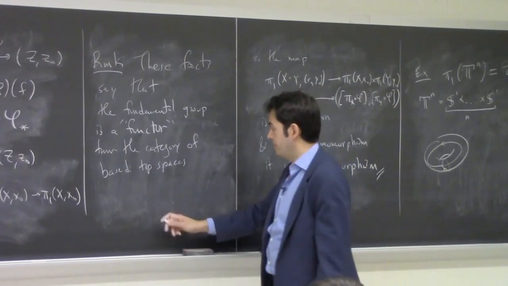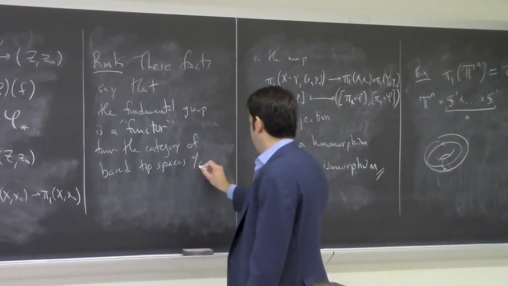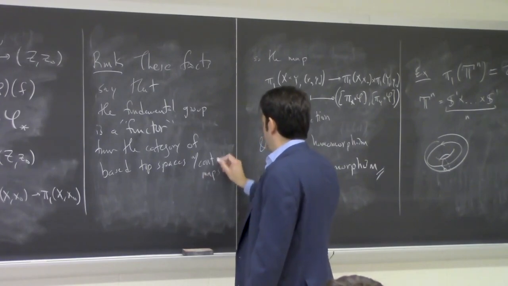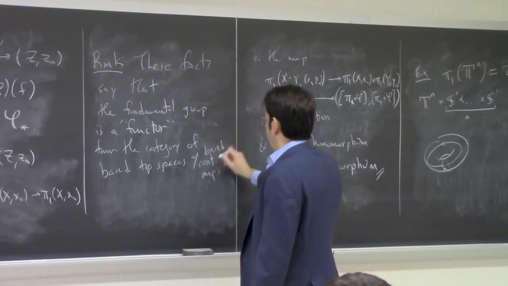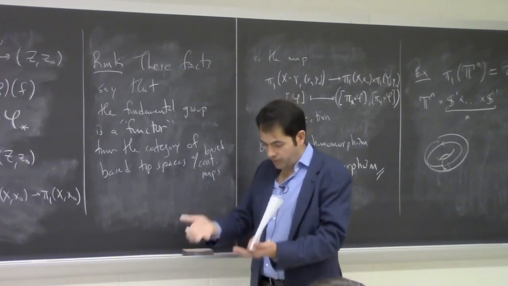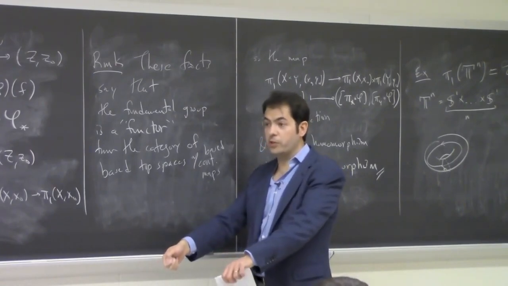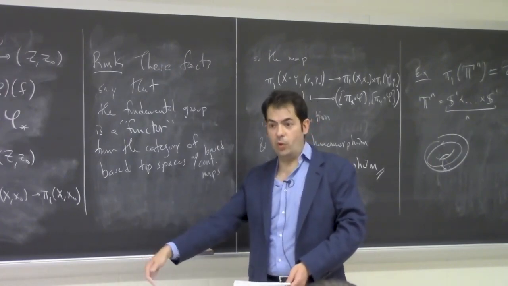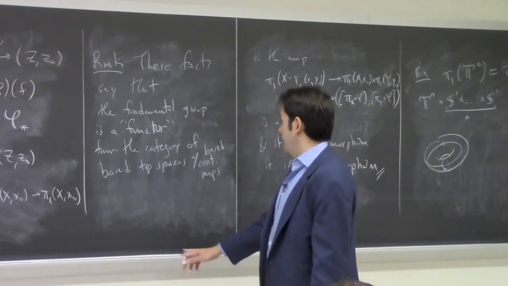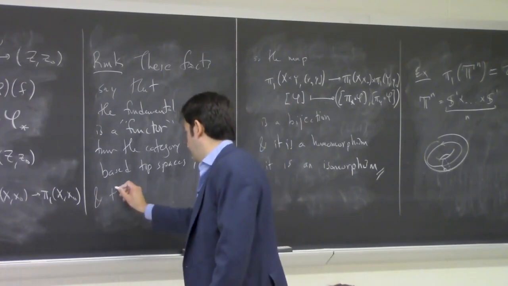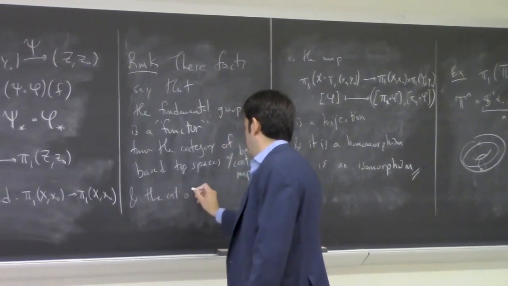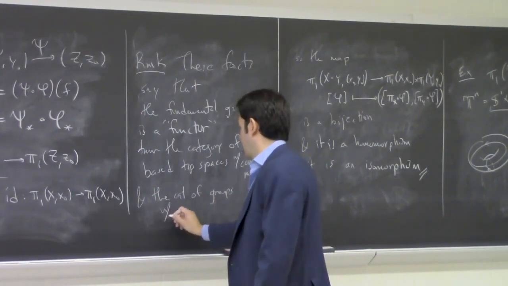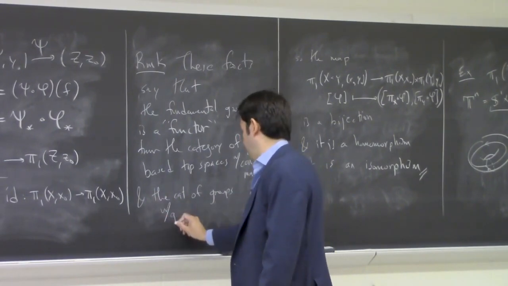So you fix a point with continuous maps. Let's say based continuous maps. So our two objects are topological spaces with choices of points, and we're only interested in those maps that send the point in x to the point in y. And the category of groups with group homomorphisms.